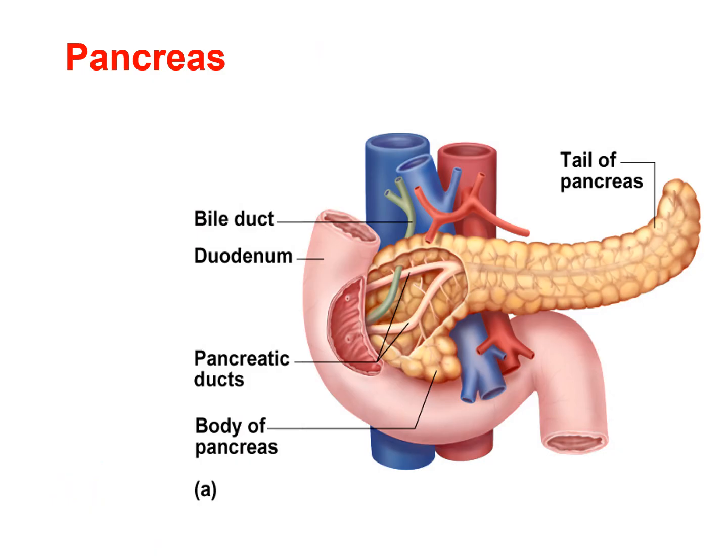So the pancreas is about the size of your hand if you sort of roll your fingers together. It's got a pronounced head. It's got this tail, if you will, and it has both exocrine and endocrine capabilities. Exocrine secretes digestive enzymes along with a material called bicarbonate, which helps neutralize the stomach acid and raises the pH of the chyme up to around a pH of 5 or 6.